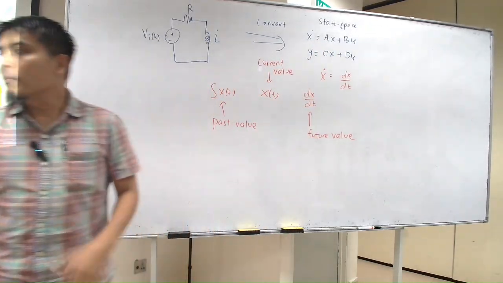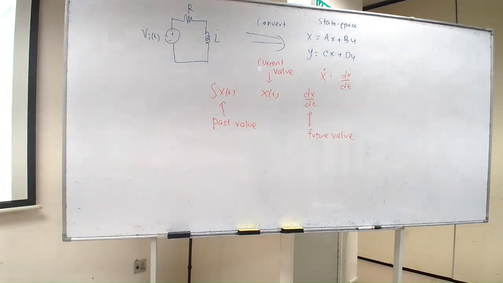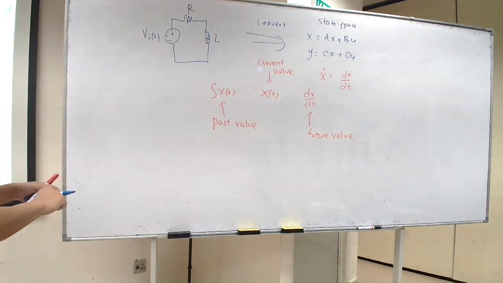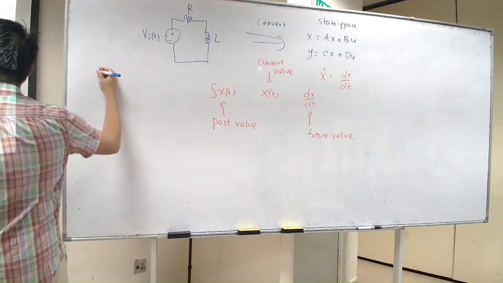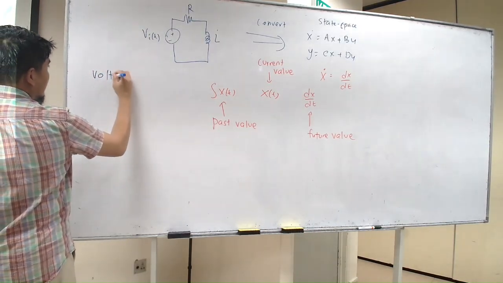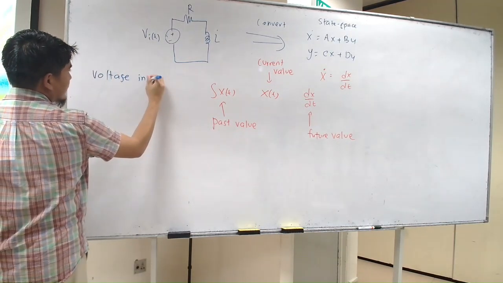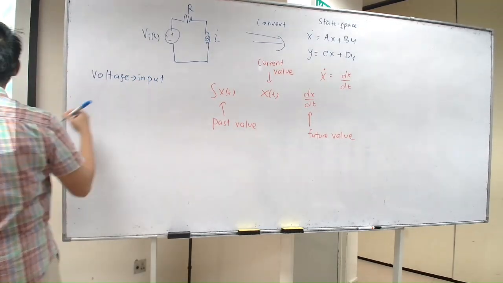Okay. But now, the question is, an RL circuit shows the voltage as the input. So you just take note of all the information. Voltage, input, and then what?